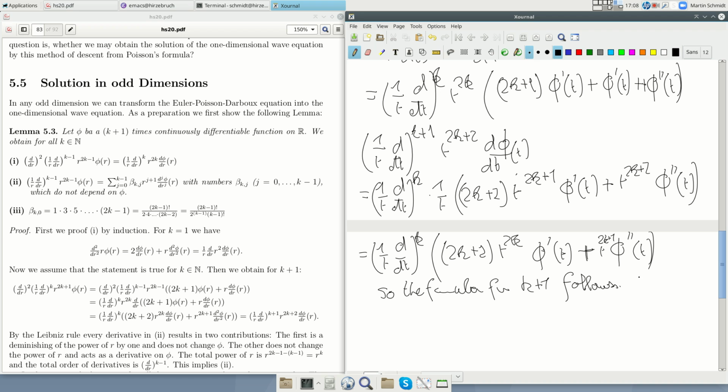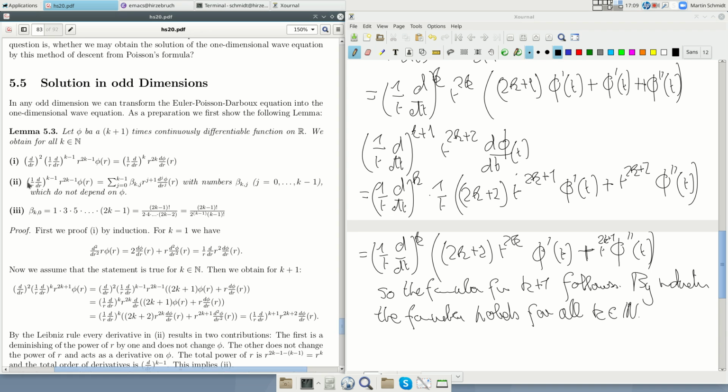By induction, the formula holds for all k in N, all natural numbers.